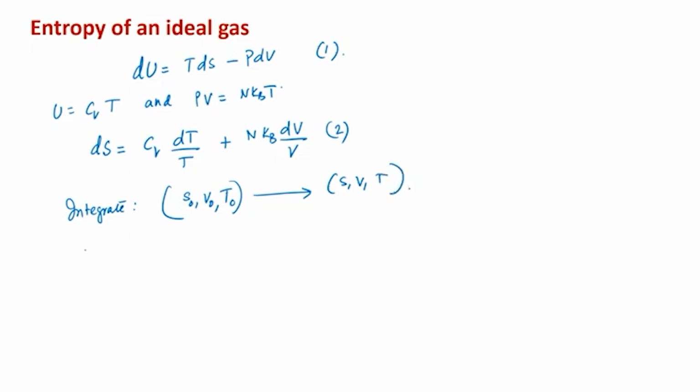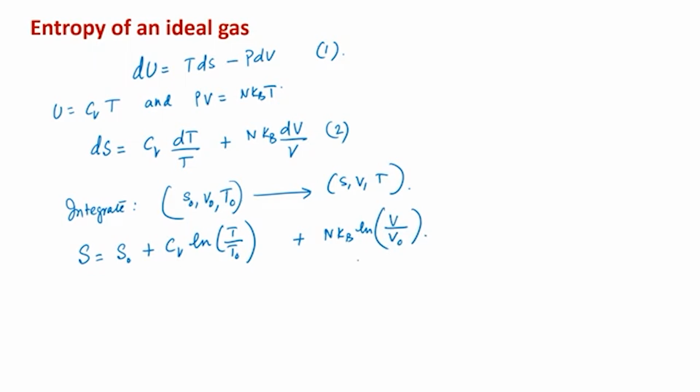Doing that would get us S minus S0 equal to Cv log of T by T0, as you can see that this dT over T will give you a log, and when we integrate it from initial temperature T0 to T, it will give you log T by T0, and plus nk log of V by V0.